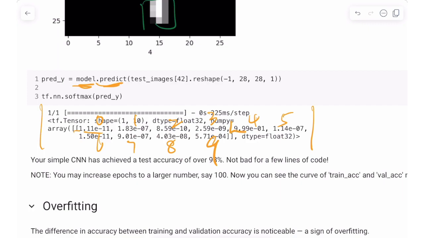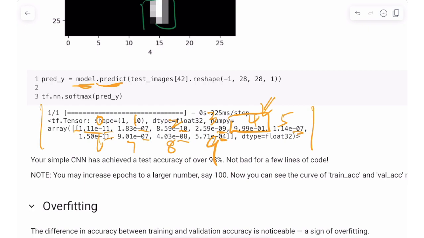You can see that this number is the largest one, because the others are minus, very small values. So basically it indicates that after the prediction of the model, it is 4.